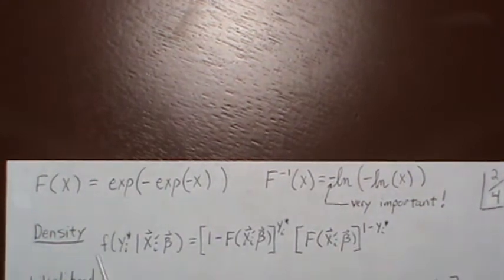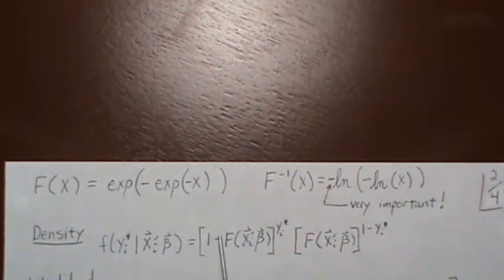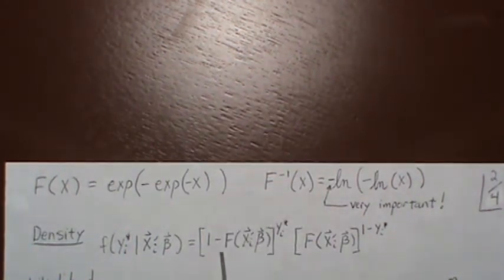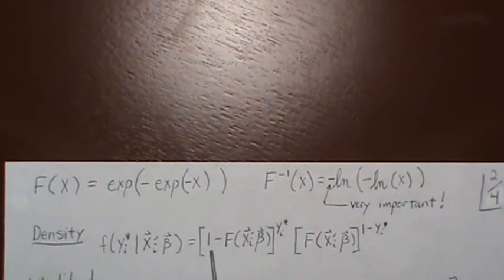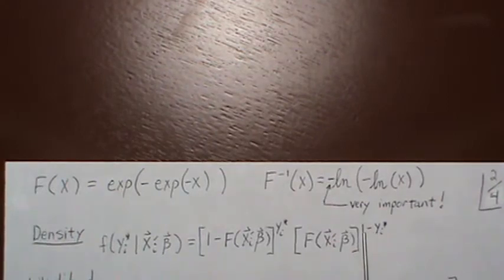Okay, so now the density of our new variable y star is a binomial. It's either 1 or 0. And so this is the probability of a 1, right? It's that we're greater than some constant, which ended up being 1 minus this capital F. And then the probability of 0 was the CDF.